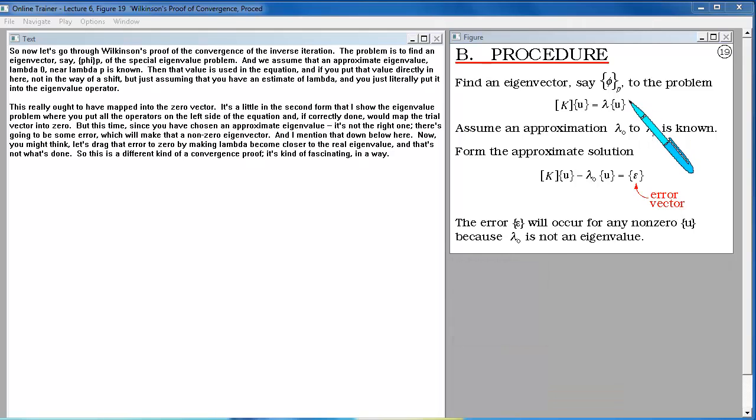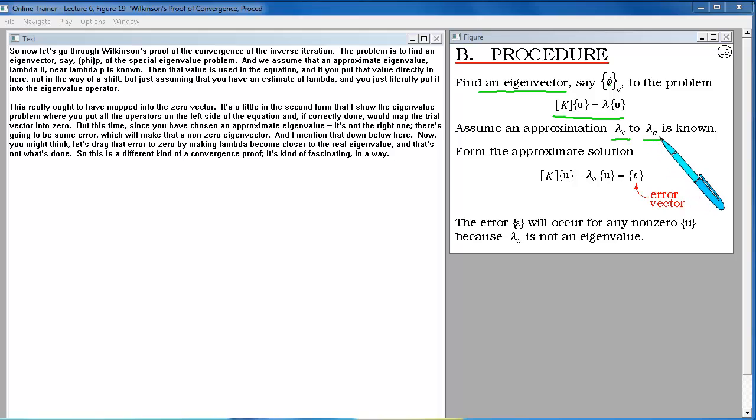The problem is to find an eigenvector, say phi sub p, of the special eigenvalue problem. And we assume that an approximate eigenvalue lambda 0 near lambda p is known.